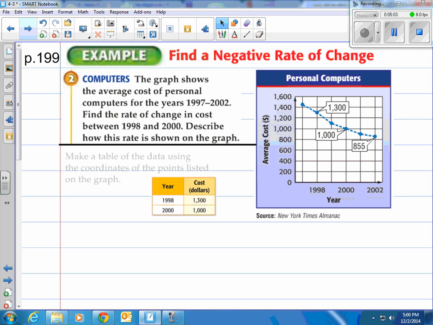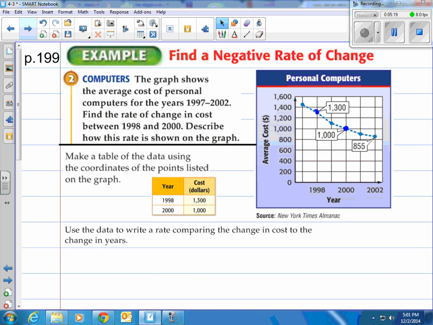We'll take a look. It says make a table of the data using the coordinates of the points listed on the graph. Well, 1998, we've got $1,300. 2000, we've got $1,000. It says use the data to write a rate comparing the change in cost to the change in years. Cost comes first, that'll be on top, and the years will be on bottom.